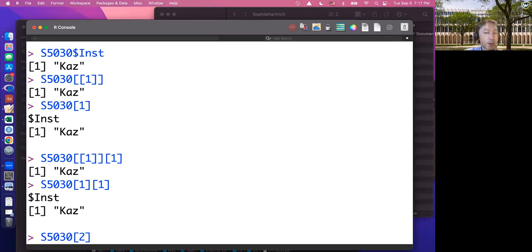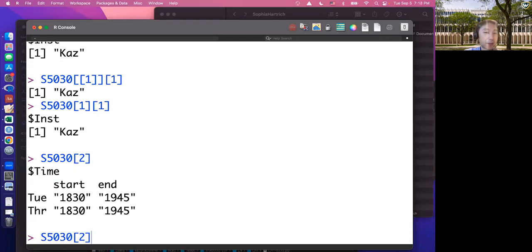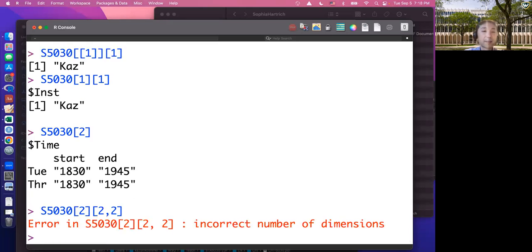And the second object we can get too, but for example, if you specify the second row, second column, it returns an error because this one is recognized as just a list of one object. So we should have only one index, which indicates just the number, the order of the list.